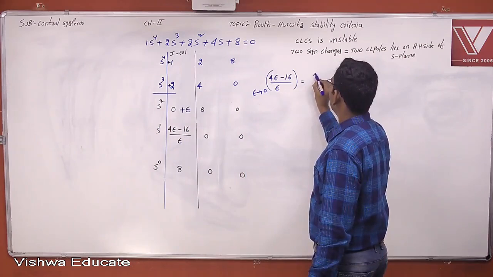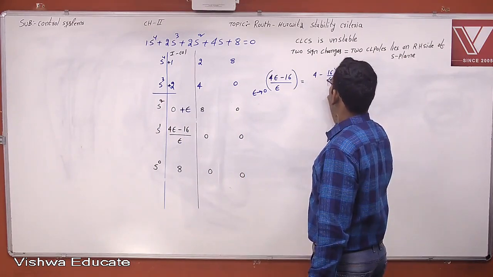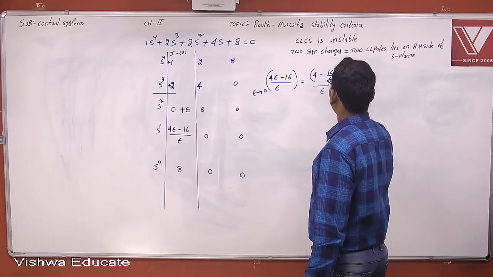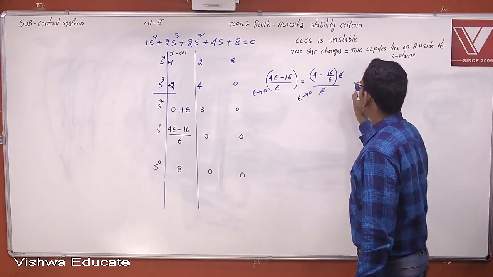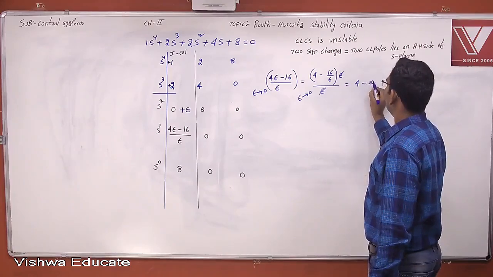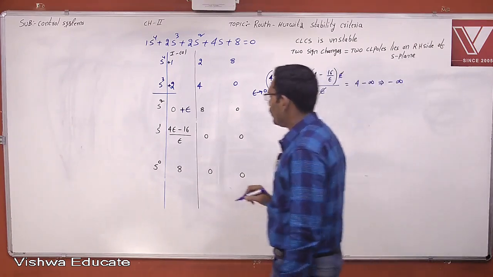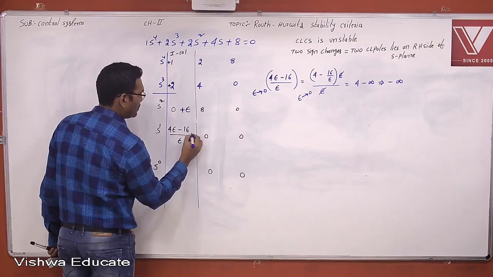This is nothing but 4 minus 16 by epsilon; taking epsilon common and letting epsilon tend to 0, it is 4 minus something by 0, 4 minus infinity. Therefore this is minus infinity. This is the negative value, this is a minus.